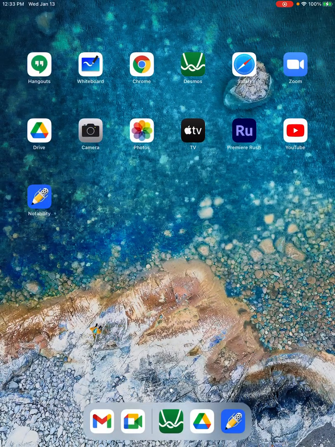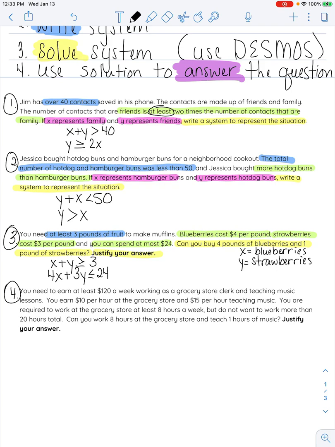Now let's use that to answer my question. So the question says, can you buy 4 pounds of blueberries and 1 pound of strawberries? Well, guys, didn't I say that blueberries, that's represented by the X value? So what that's asking is if the point 4 and 1 represents the Y value, 1.